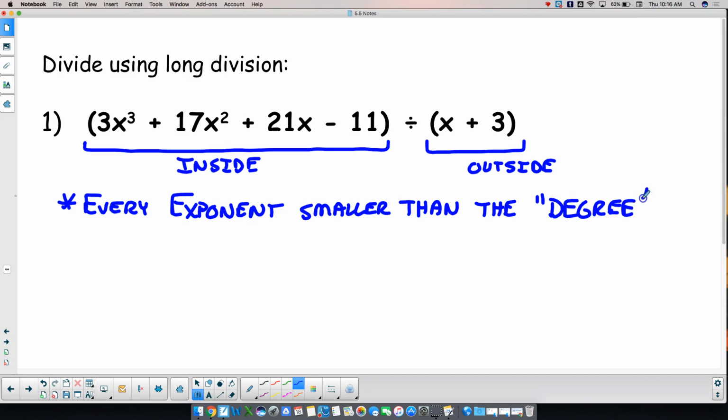Every exponent smaller than the degree. What's the degree of a polynomial? It's in your notes. Biggest power. Biggest exponent. So every exponent smaller than the degree must be represented.